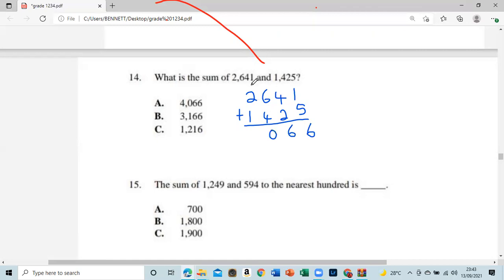So right now we know it's 4,000 because 0 comes there, right? So when I get these 3 numbers, you know it's correct. So that's 14, it is A.